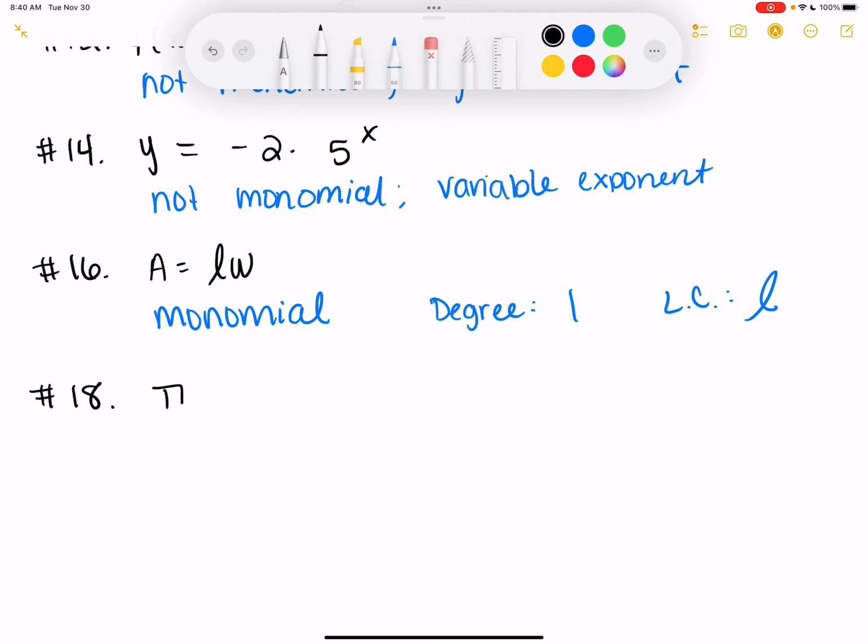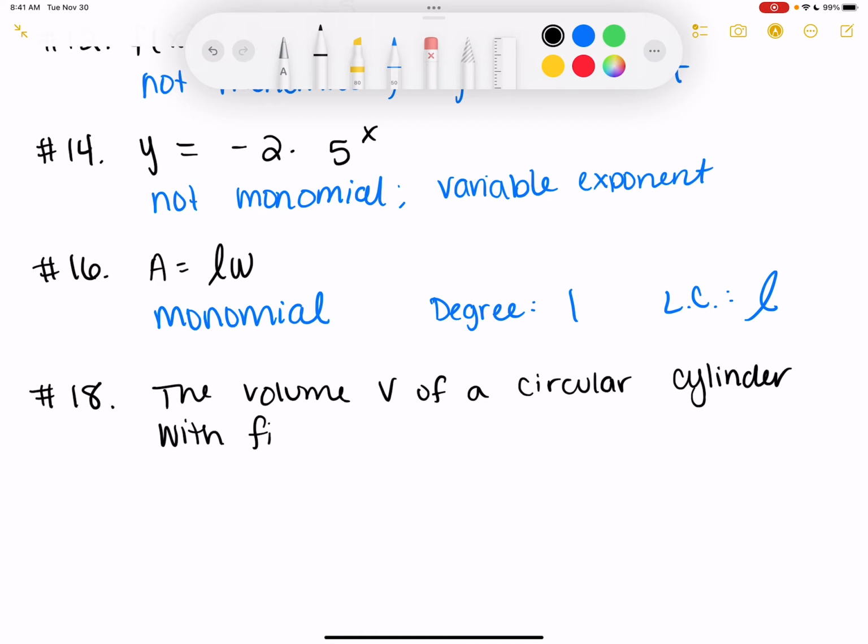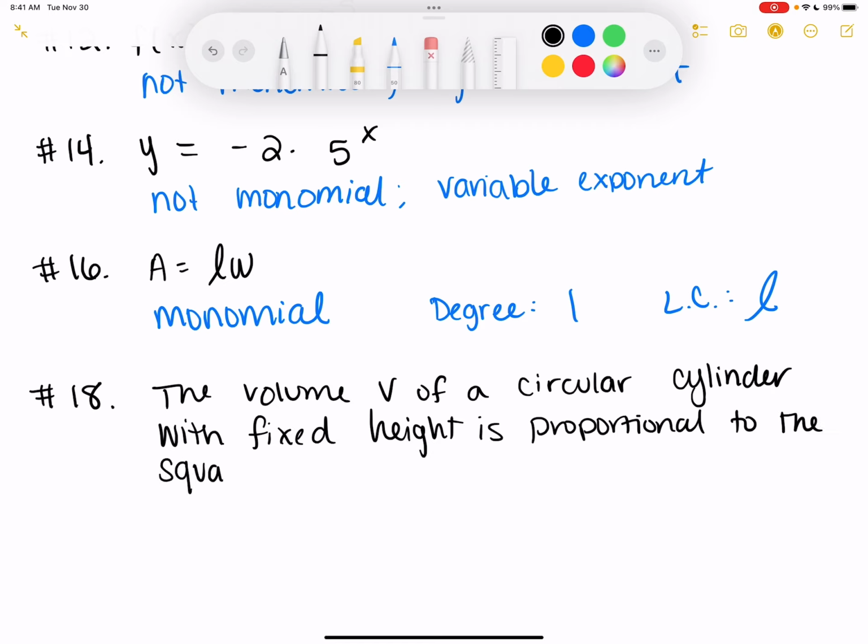All right, 18. The volume V of a circular cylinder with fixed height is proportional to the square of its radius.